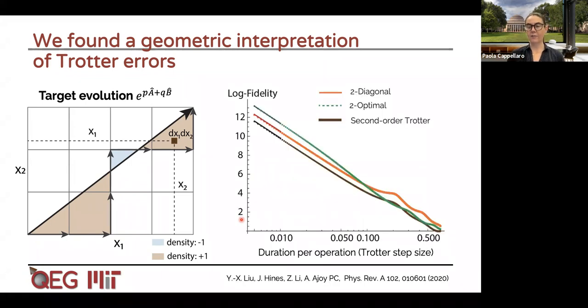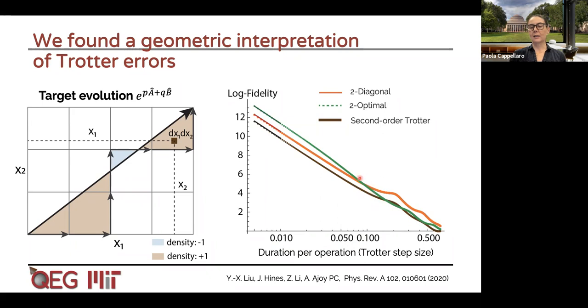And indeed, this is the fidelity that we obtain. Here is plotted the log fidelity. The second order Trotter is this brownish line here, which has the lowest fidelity. Then the other two are this orange line, and the optimal one is the green one, which is expected to be the best for very short Trotter steps, because it's optimal up to third order.